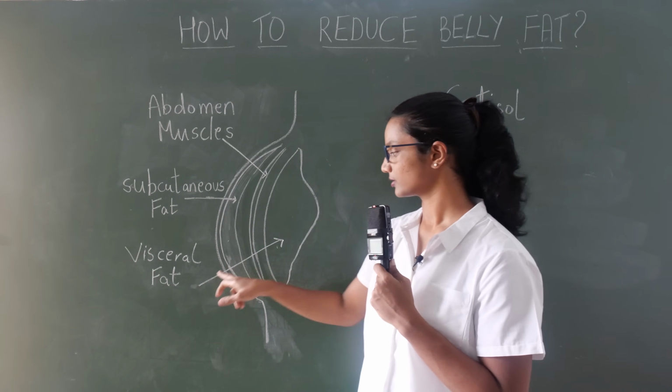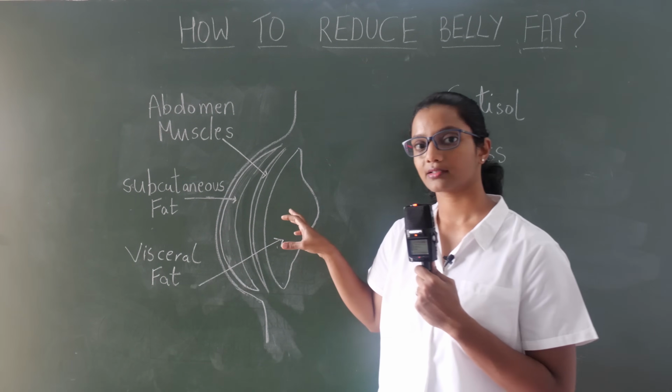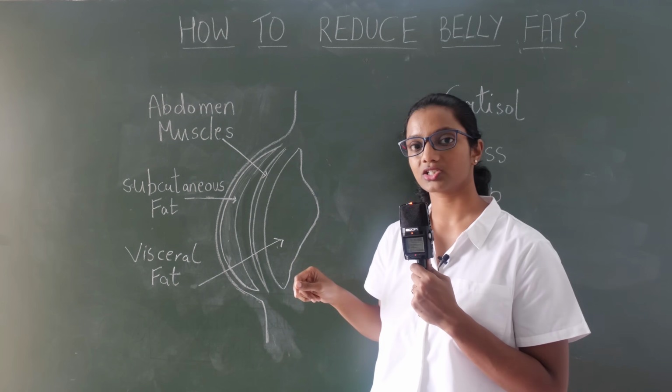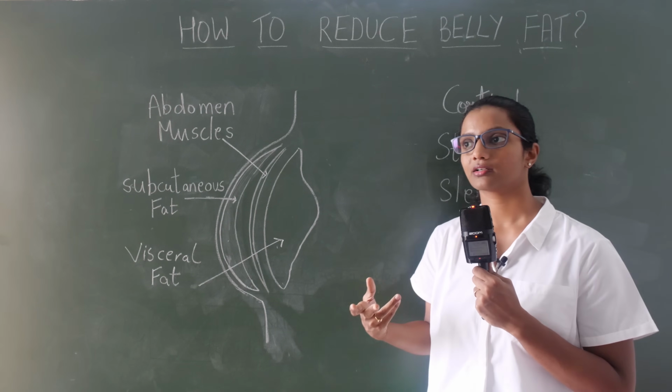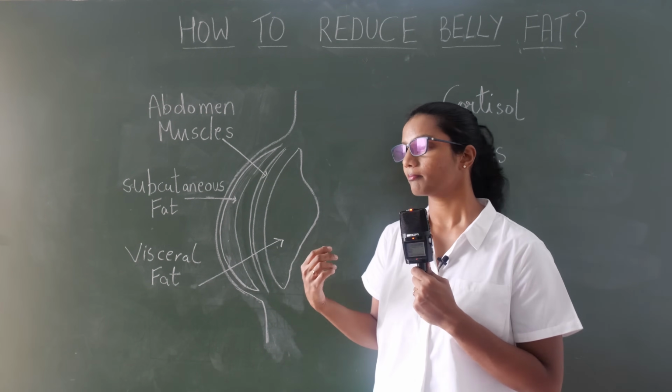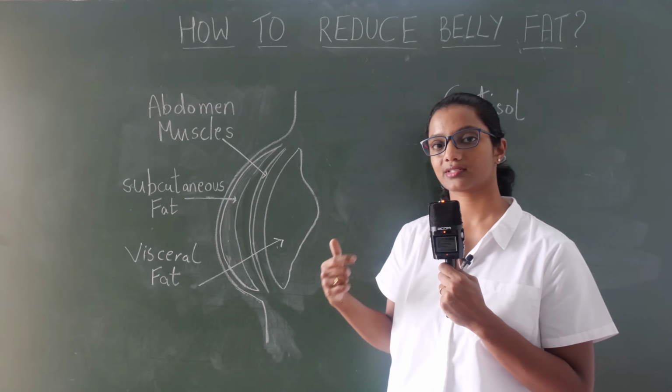The visceral fat is the stored fat around the organs. It's in this region. That is the reason that some people may have a tight stomach, but they have the presence of visceral fat.